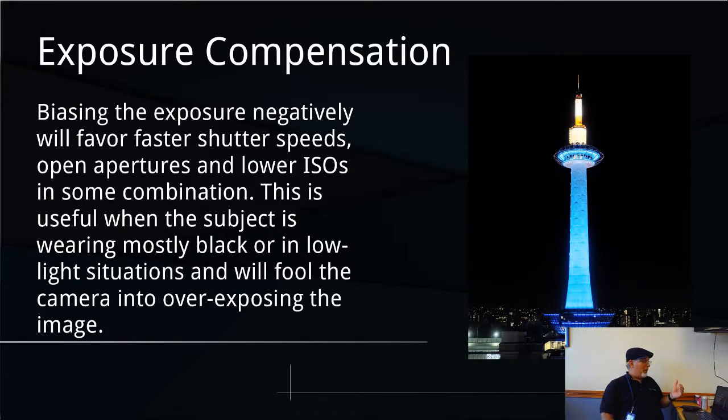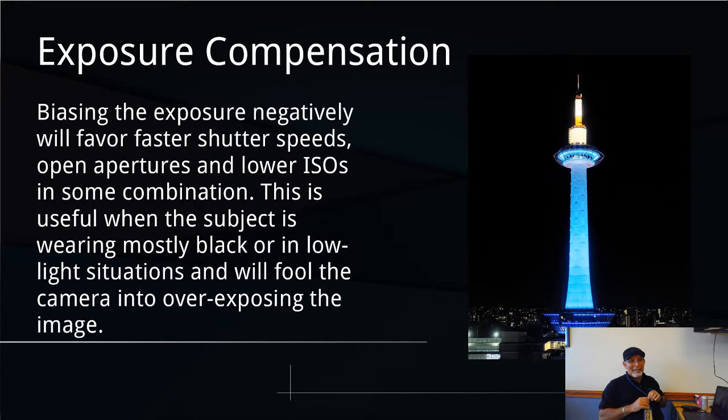Biasing the exposure compensation negatively favors faster shutter speeds, more open apertures, and lower ISOs, as if there was more light in the shot. And it's useful where the subject is either mostly wearing black or is in a dark situation, like, for example, Kyoto Tower there, which is at night.